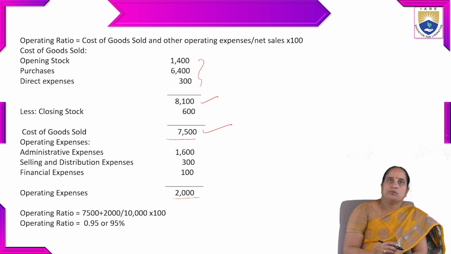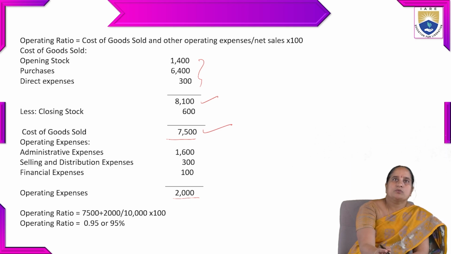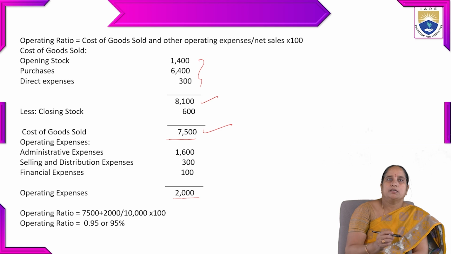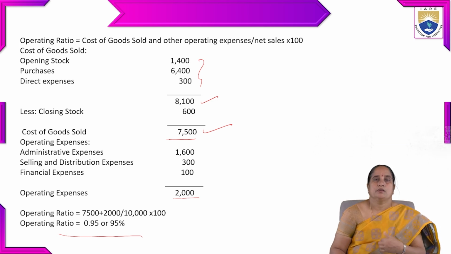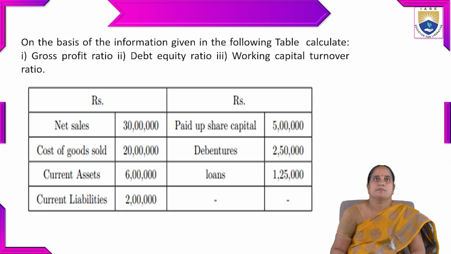Operating ratio is equal to cost of goods sold and other operating expenses divided by net sales into 100. So cost of goods sold 7500 plus other operating expenses 2000 divided by net sales 10,000 into 100. Then our operating ratio is 0.95 or 95%, which shows the efficiency of the business.